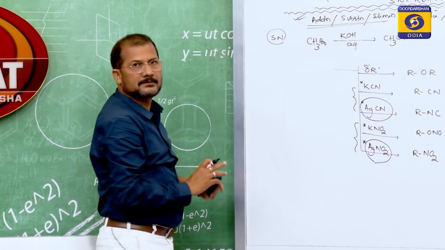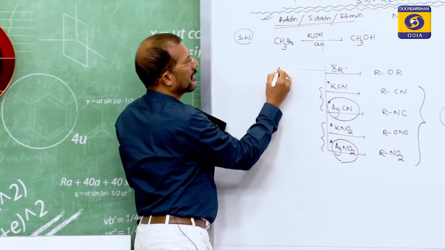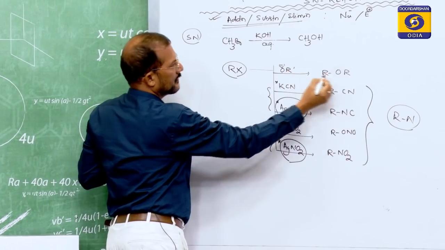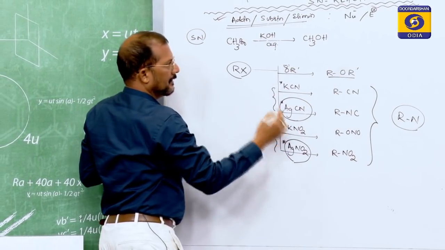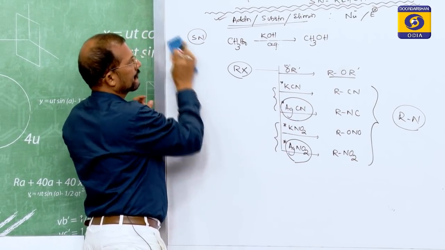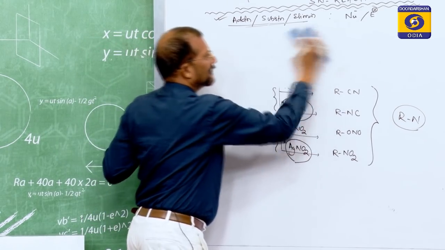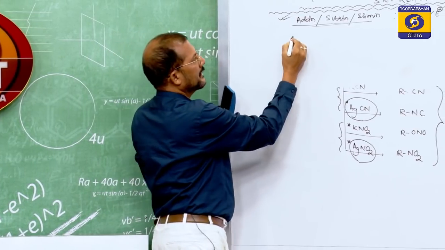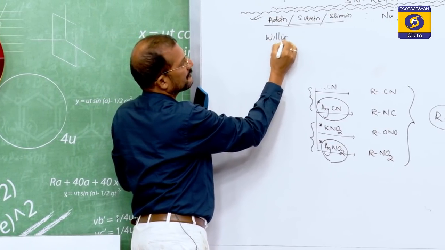That part is discussed. Now if we discuss this part, RX with OR dash minus produces ROR dash. That is a very important reaction which will also be taught in unit 11, that is Williamson's reaction.